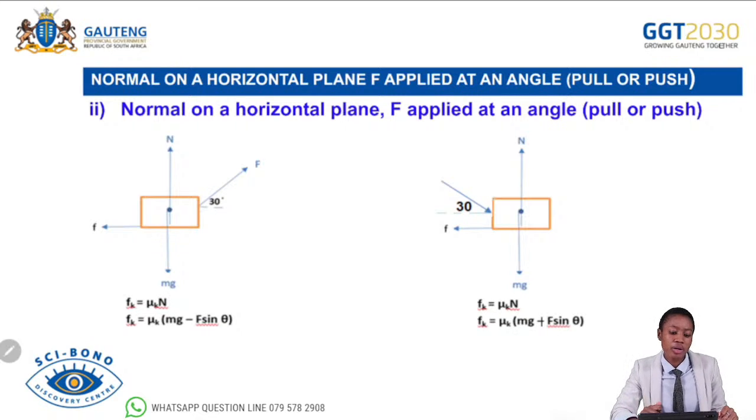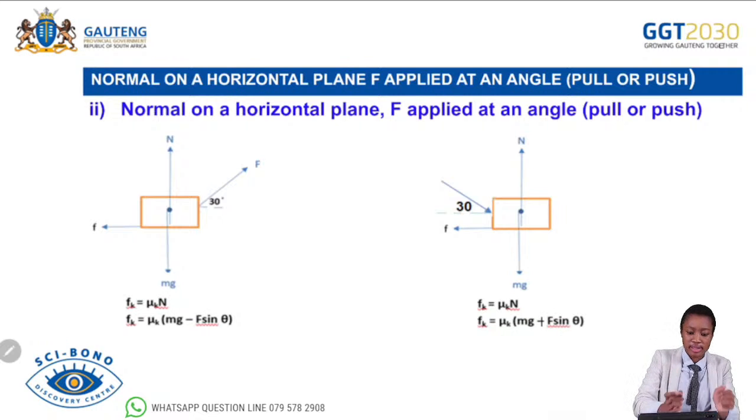So when we are looking at normal on a horizontal plane, or rather normal when we're pulling or pushing at an angle. In this instance, we have normal on a horizontal plane, and when F is applied, bringing a push or a pull at an angle.